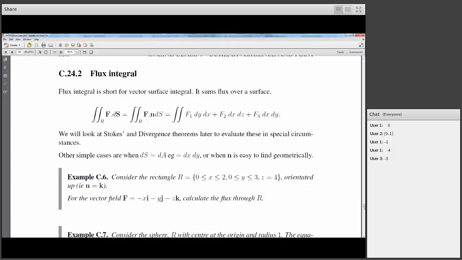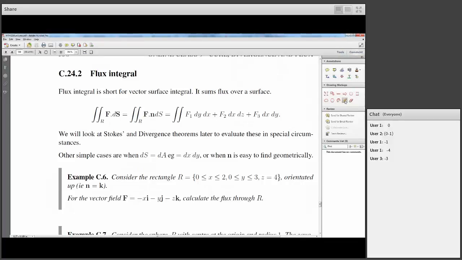Now you can actually write it down in this sort of form. Just like we've written out vector line integrals as the integral of P dx plus Q dy, you can do the same thing here. It's the different components of F with respect to the different variables. Now that's not quite right. That should be a z there.